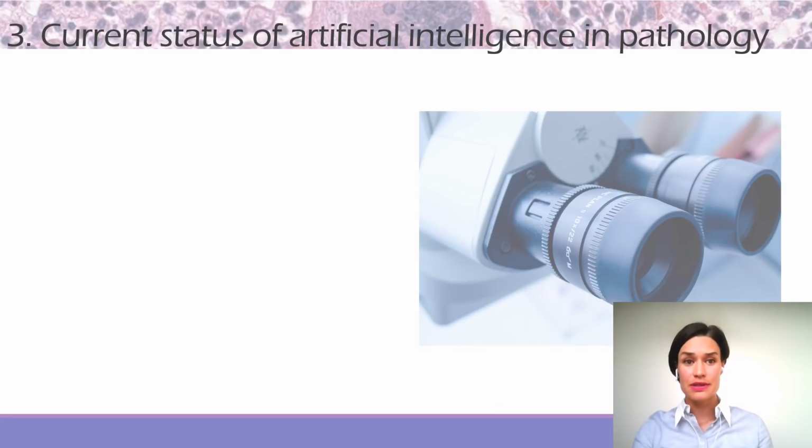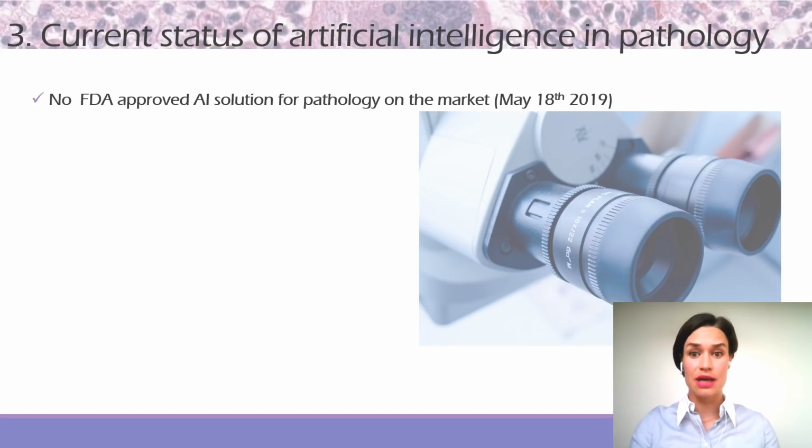At conferences and in publications, on LinkedIn as well, we are surrounded by all the AI news. But what is the current status of artificial intelligence in pathology? As of today, May 18th, 2019, there is no FDA-approved AI solution for pathology on the market.